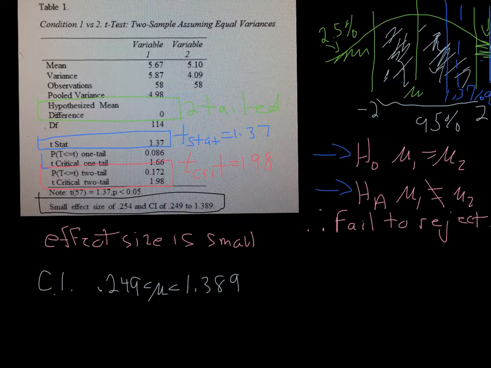So in this case, it's saying 95% of the data will fall between 0.249 and 1.389 on your chart. That's the number of standard deviations, and it's telling you that 95% of your data will fall in this range.